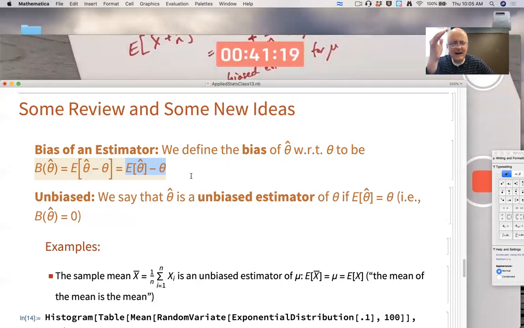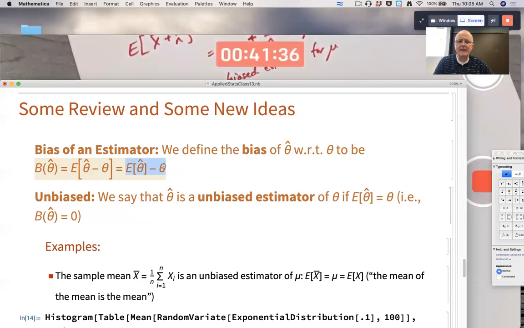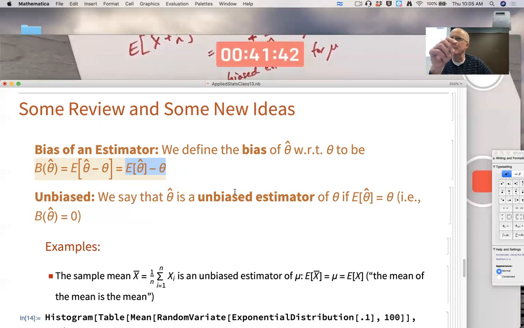Get the concepts right in your mind. Theta is a parameter. It's a number, a fixed number, but unknown. Its expected value will be itself. This is measuring the signed distance between the expected value of your estimator and the actual parameter itself.